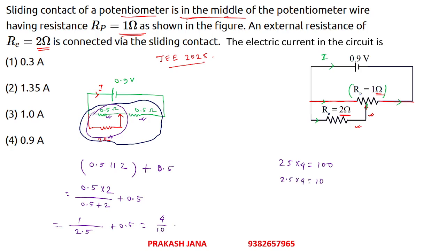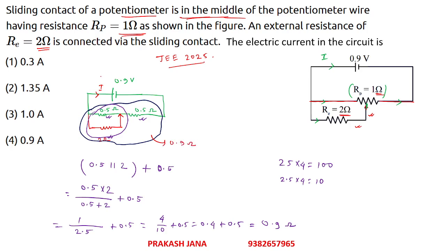So 1 by 2.5 is 0.4. So 0.4 plus 0.5, that is 0.9 ohm. So the equivalent resistance is 0.9 ohm.